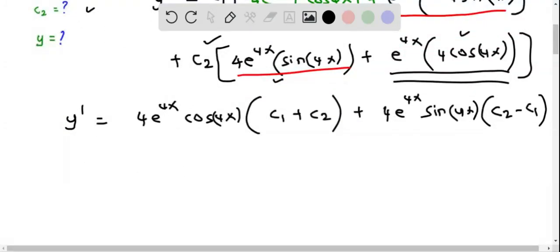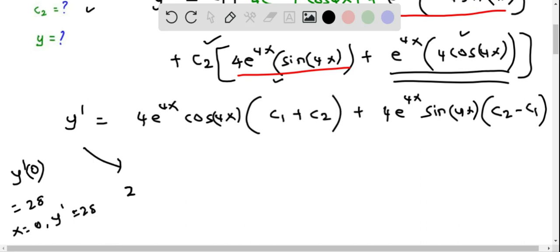Now let's use the initial conditions, that is y of 0 is 3 and y prime of 0 is 28. I'm going to use the initial condition y prime of 0 equals 28. That is, when x equals 0, y prime equals 28. So let me substitute y prime equals 28 here and x equal to 0 in the right side expression.